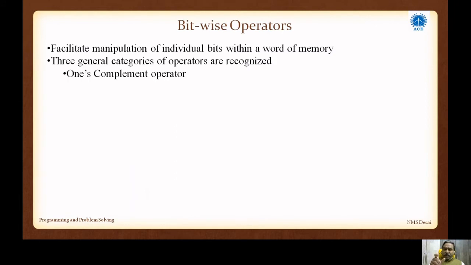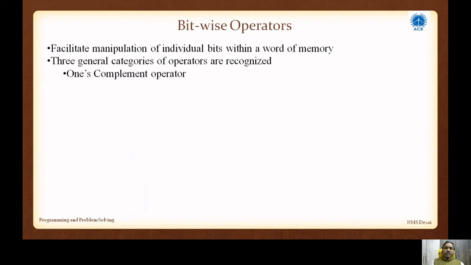This one's complement operator bitwise complements the input given. Suppose the input given is 1, then the output of this complement operation will be 0. How is it represented bitwise?